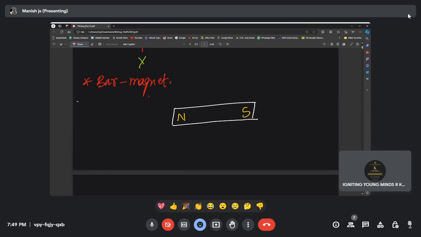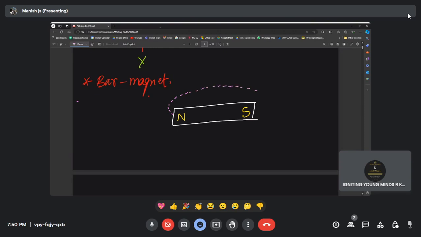That pattern represents the magnetic field surrounding a bar magnet. You cannot see the field with your eyes. That's the reason we are using iron filings to visualize or illustrate it.